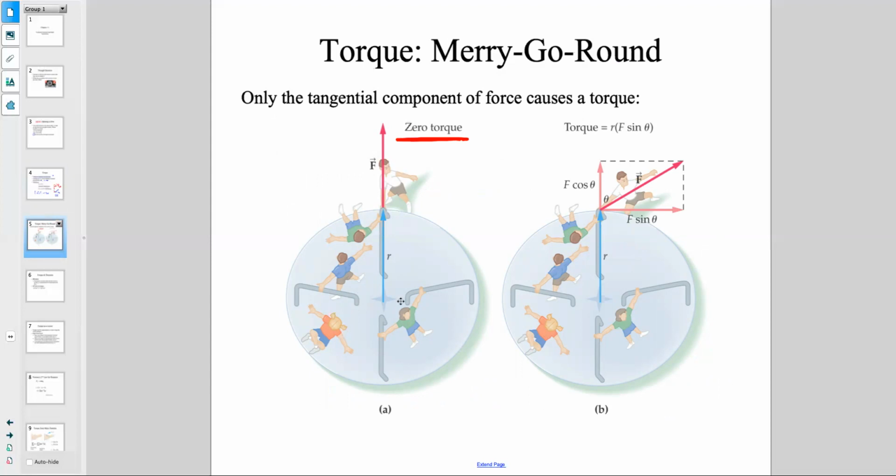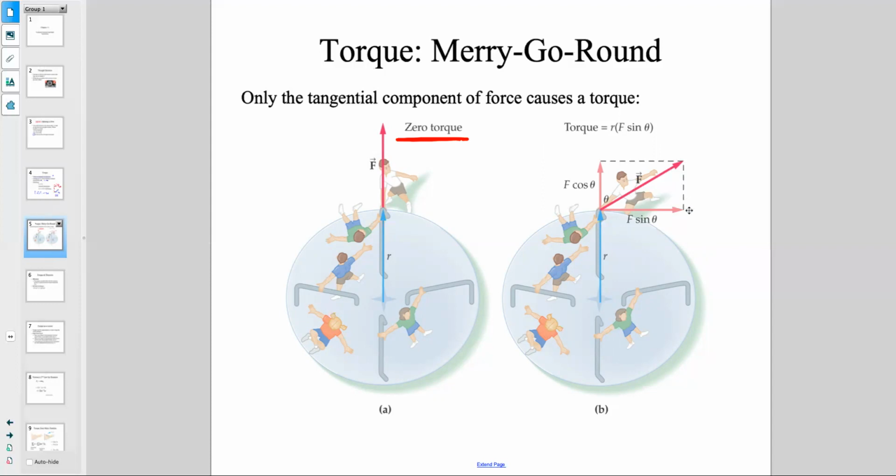But if you're applying a force at an angle, only the part of the force that is completely perpendicular to the radius, or tangent to it, will do the work.